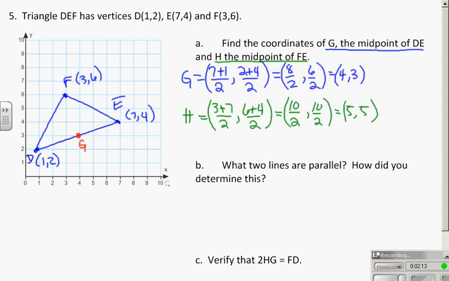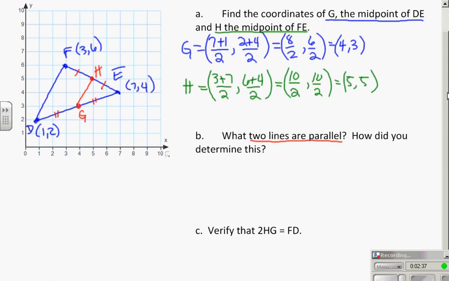And that too ends up exactly where I want it. Now, from our review in the first part of this and our memory, if these are the midpoints, I know that I've just calculated the mid-segment of triangle FED. And this problem is really going to ask me to verify all of those properties.